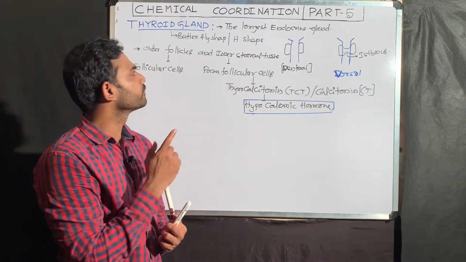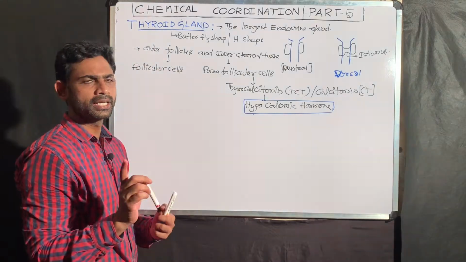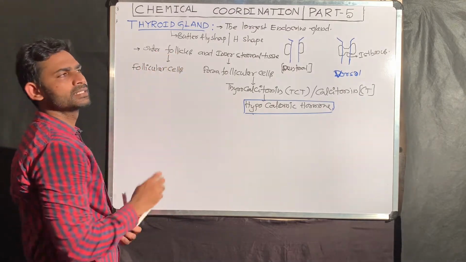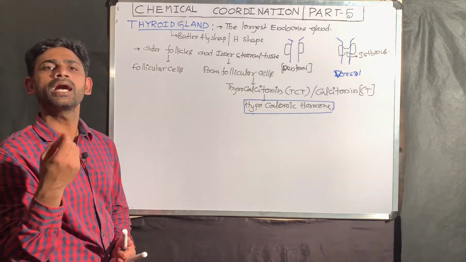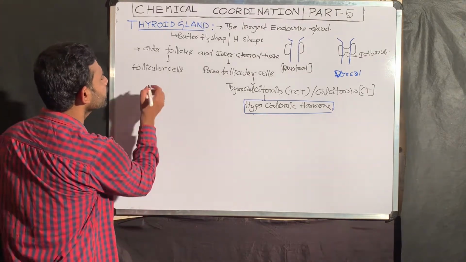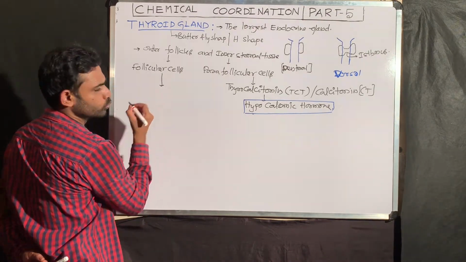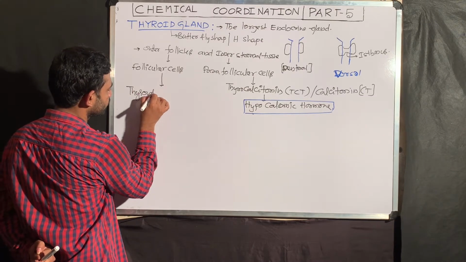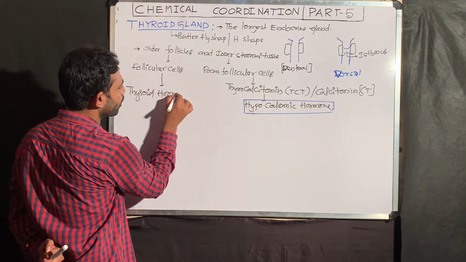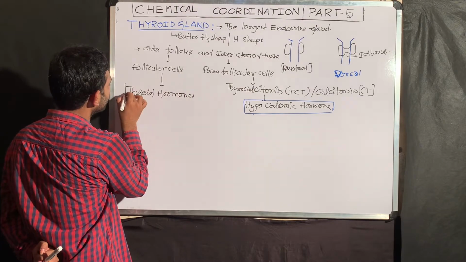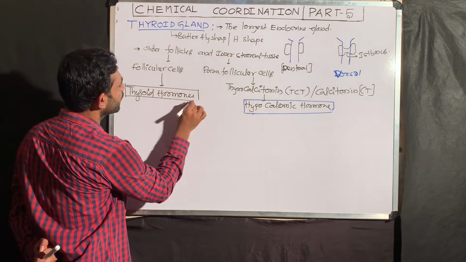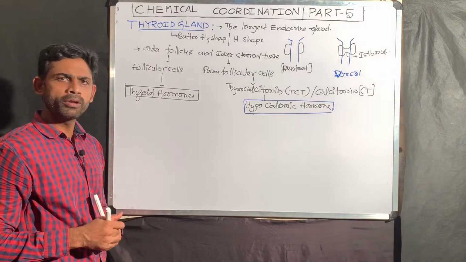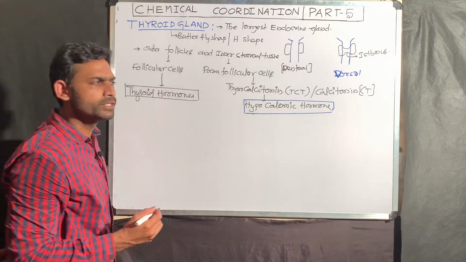Here the very important thing with reference to the thyroid gland is this one. So the outer follicles consist of the follicular cells. These follicular cells produce thyroid hormones. Now I can ask, the follicular cells of the thyroid gland produce the thyroid hormones under the influence of which hormone?